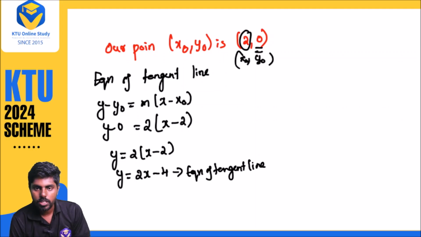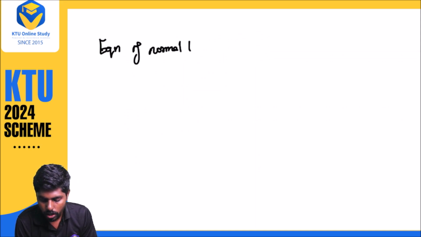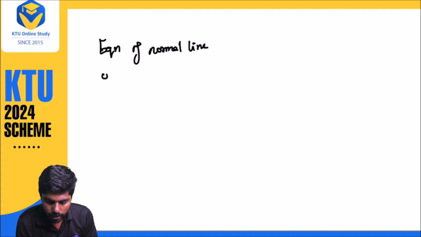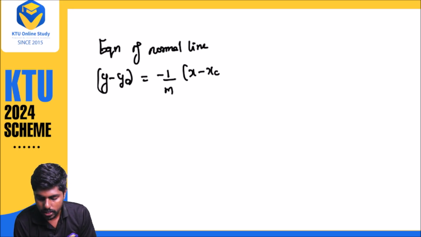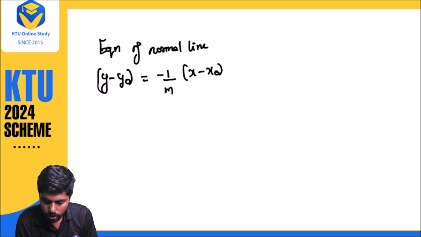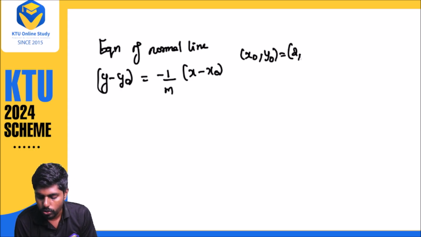So what is the equation of normal line? What is the formula? It is y minus y naught is equal to minus 1 by m into x minus x naught. We know that x naught comma y naught is equal to 2 comma 0.